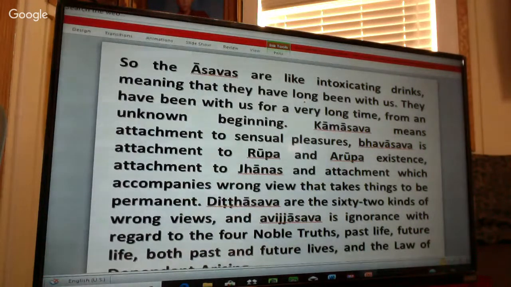And then bhavasava. Bhavasava is attachment to the rupa and arupa existence, meaning attachment to the rupa jhana and arupa jhana. It is attachment accompanied by wrong view, which takes the rupa jhana and arupa jhana as permanent.